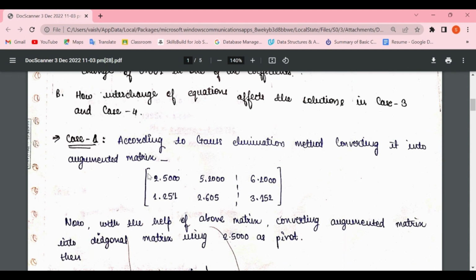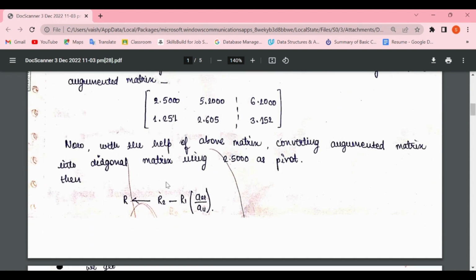For now, first we are solving case 1 according to the Gauss elimination method, converting it into the matrix. So we have this matrix in the form of the equation. Here these are the values of a11 and a21, and this is the value of a12 and a22. These are the coefficients of x1 and these are the coefficients of x2.